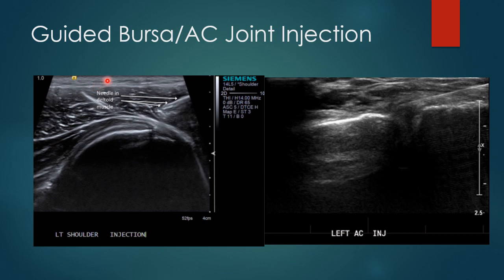Also, ultrasound guided procedures play an important role in treatment of shoulder pain, as guided bursa injection or AC joint injection by steroids. Here we see the needle in the AC joint, and this is another example of the needle going to the site of the bursa for injection of steroids, mainly in patients with bursitis or supraspinatus tendinopathy.